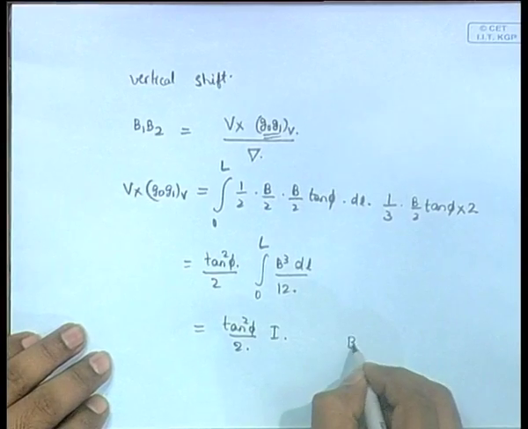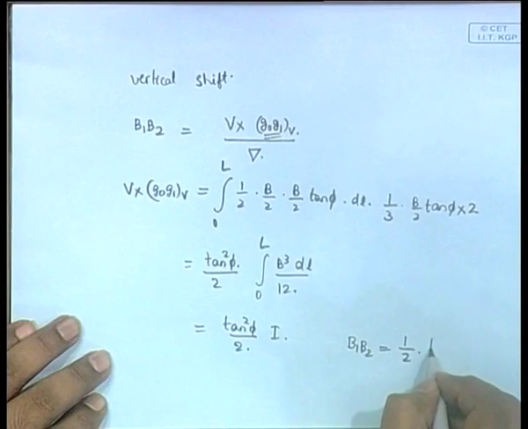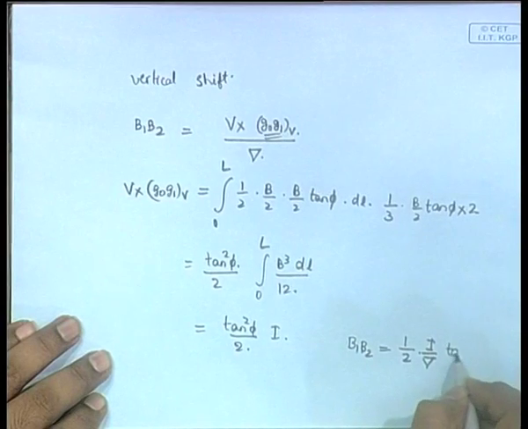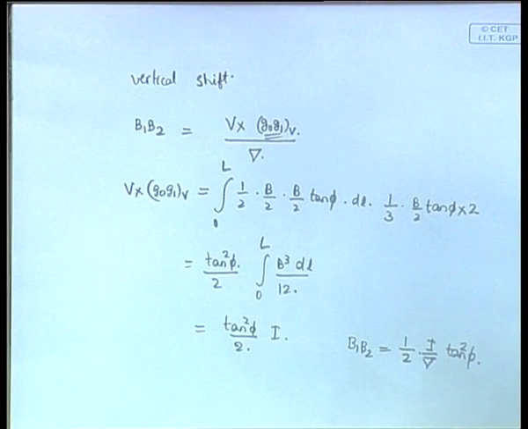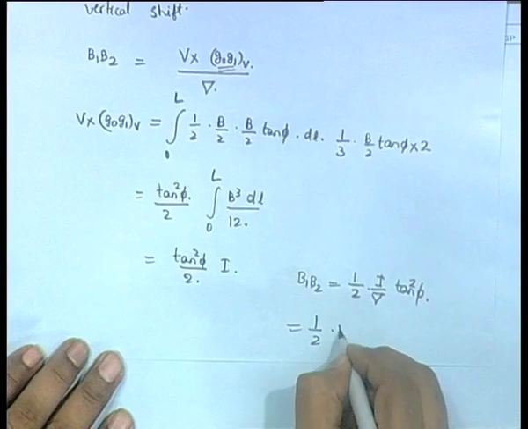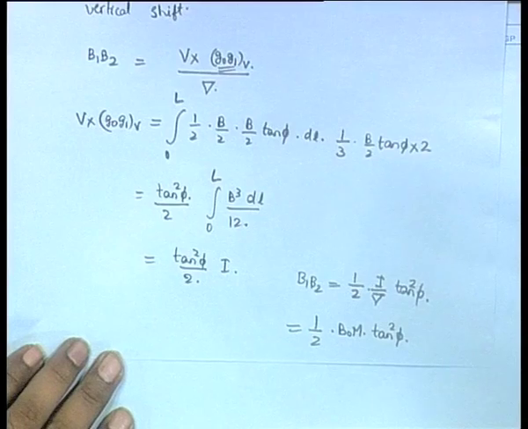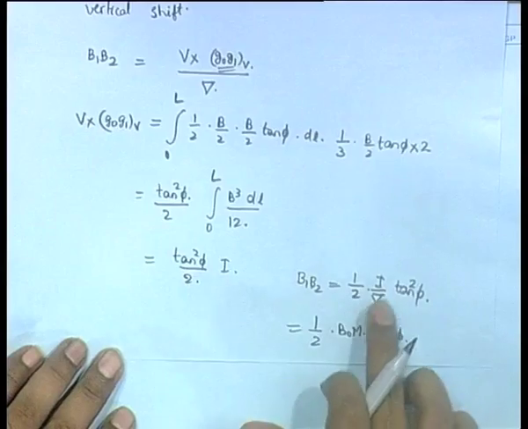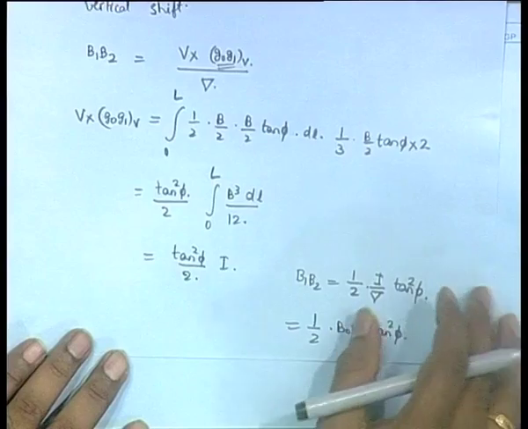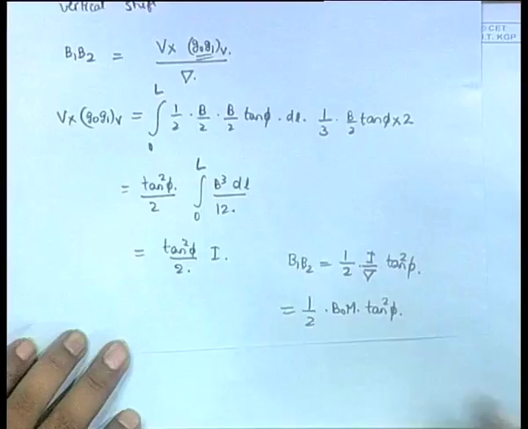Therefore, B1B2, which is the vertical shift in the center of buoyancy of the whole ship, is given by half I by del tan square phi, which is equal to half B0M tan square phi, since I by del is written as B0M. So, this is your final expression for B1B2.